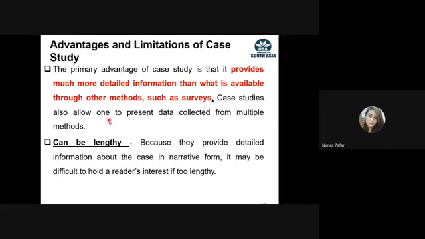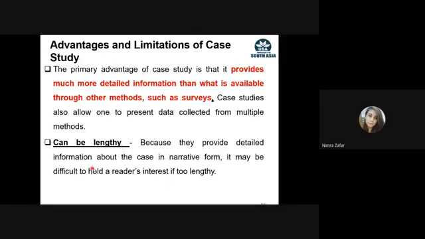Case studies also allow one to present data collected from multiple methods. Case study can be a lengthy process because it's possible that you have to do a single case study or a number of case studies in order to have a particular kind of conclusion.